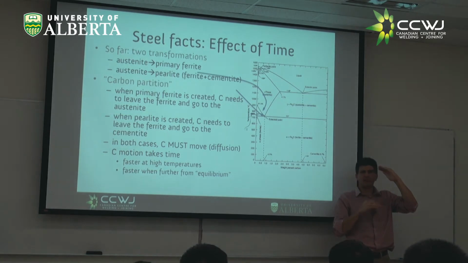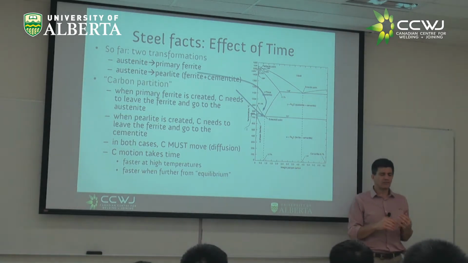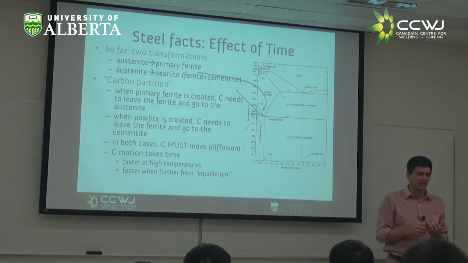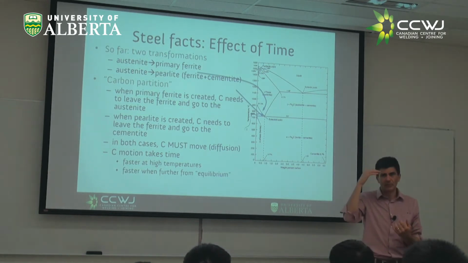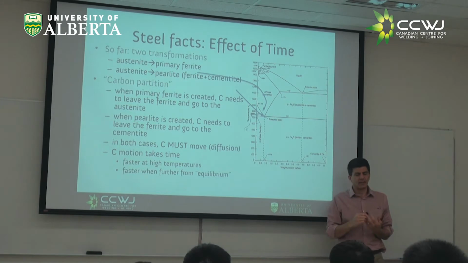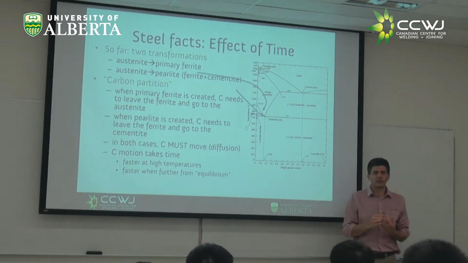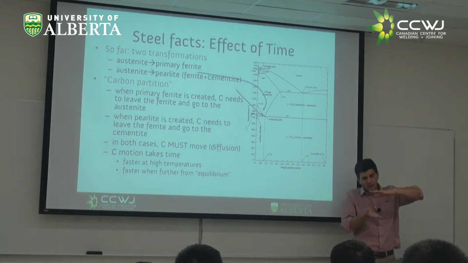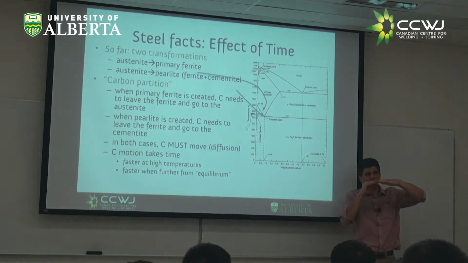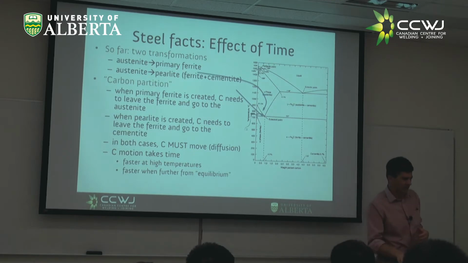So my driving force is huge. So we have these two effects for the phase transformations. One is temperature. High temperatures make things move fast. And the other is driving force, in which the more undercooling, the farther away, the colder I am from where I would have partitioned, means I have a bigger driving force.